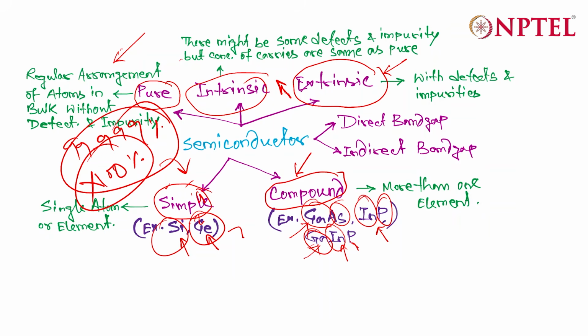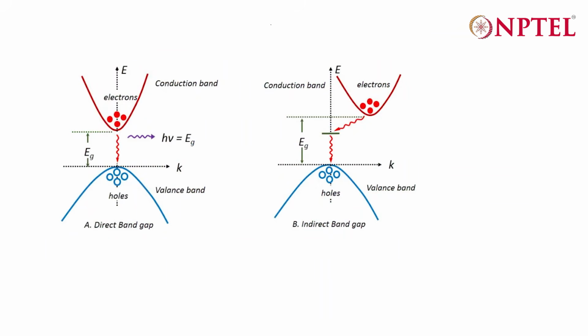Okay. So direct band gap semiconductor means when the conduction band and valence band are at the same location, or at the same k value, that is wave vector value. Then we call it direct band gap. So I have the representation. If this is the conduction band and this is the valence band, you'll find that both are present at the same k value.